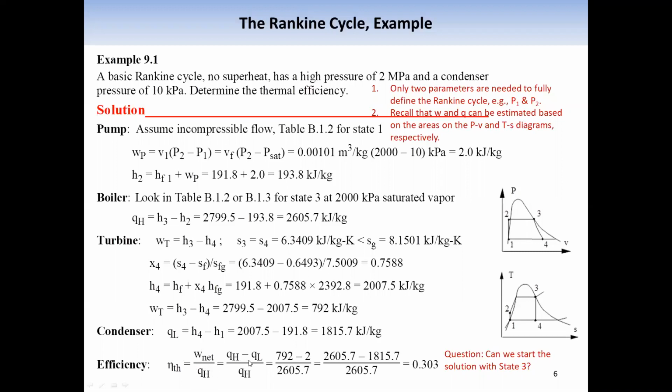From here to here is the first law for the numerator. And we can insert all the conditions we found, the properties we found, in the calculation. So this is a standard problem for Rankine cycle.